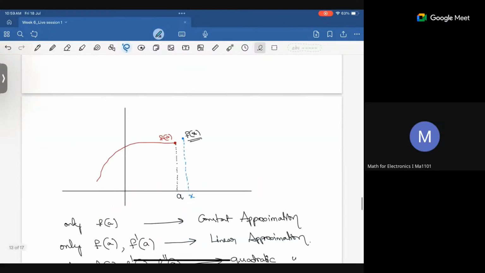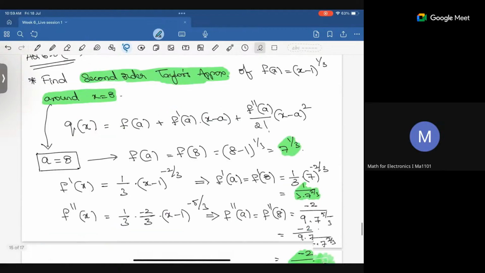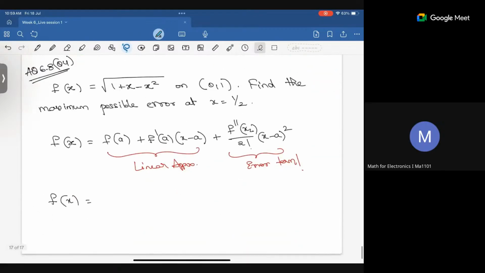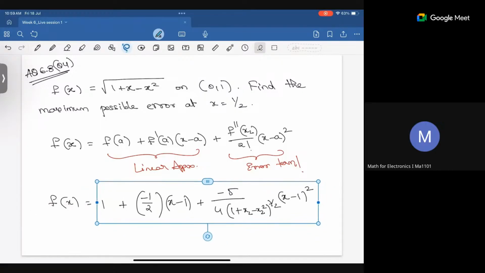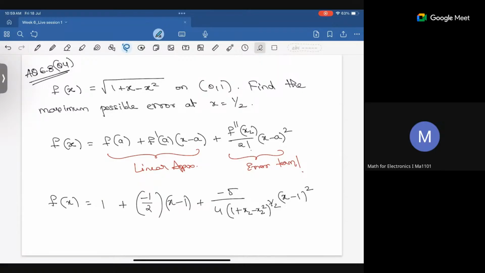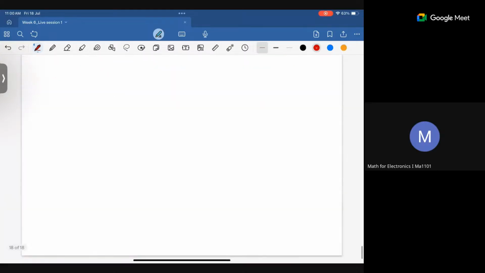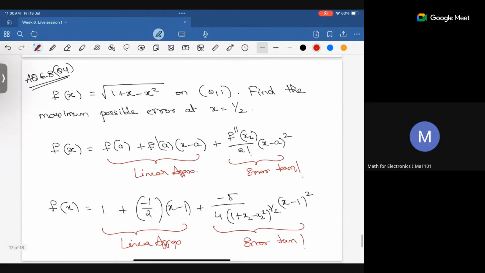Among these three terms, the first two terms are the linear approximation, and this is the error term. Now this problem focuses on this error term.